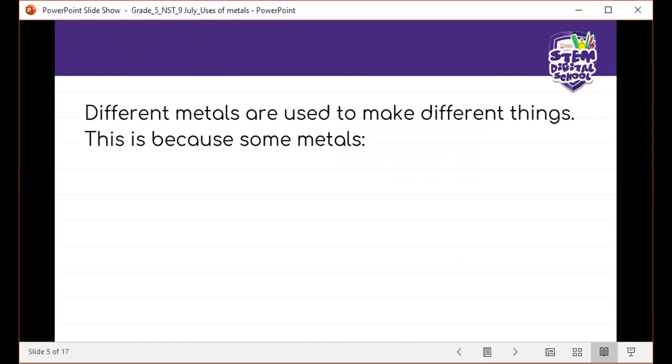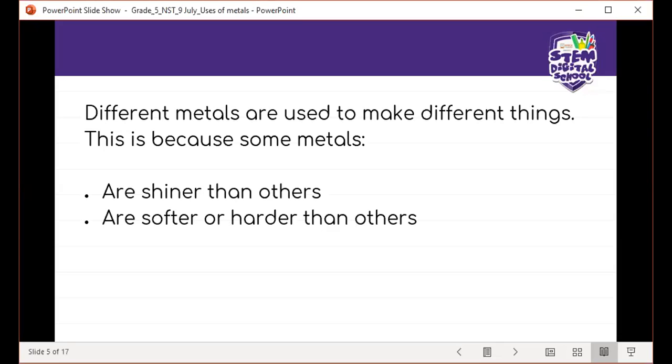Our first point says different metals are used to make different things. This is because some metals are shinier than others, so we would most likely use the shinier metals to make our jewelry. Other metals are softer or harder than others.